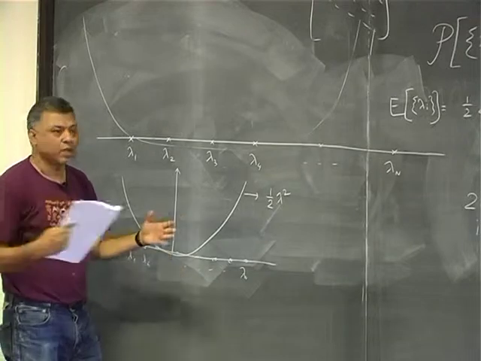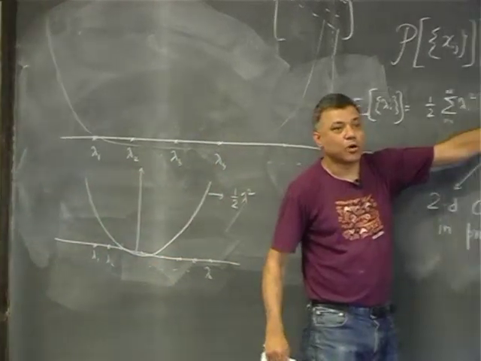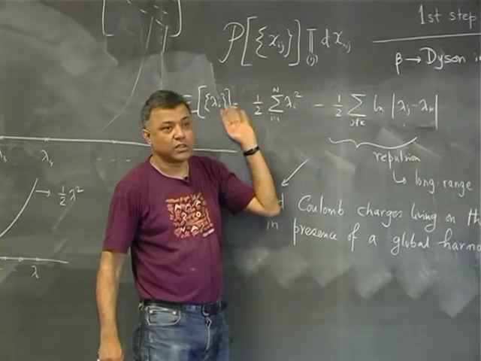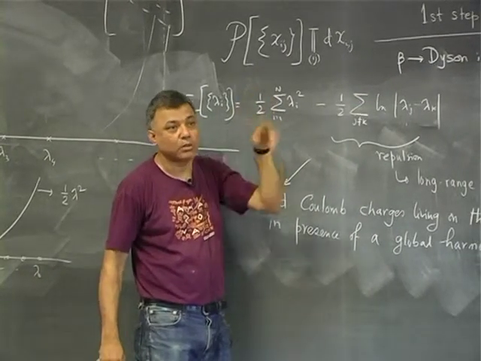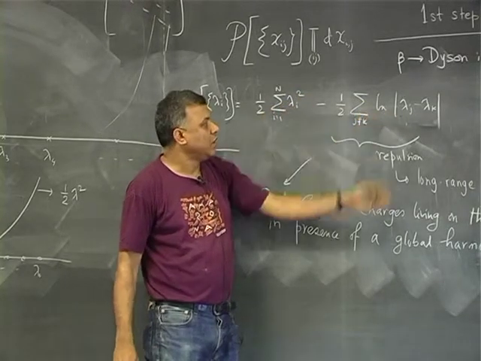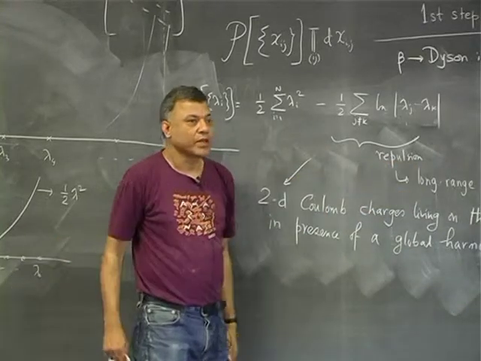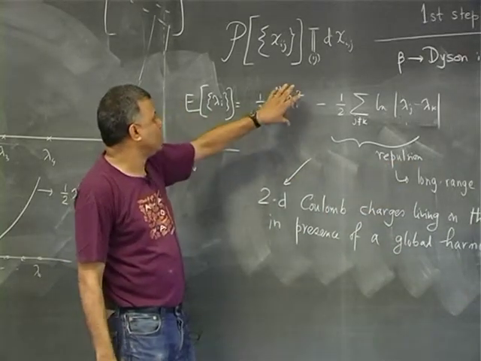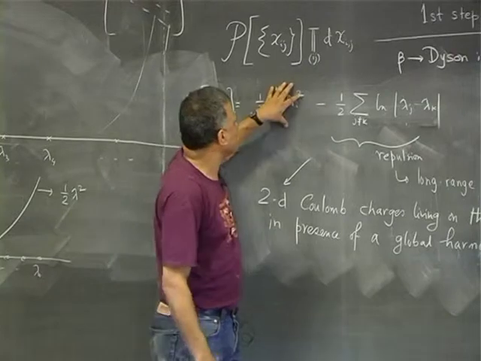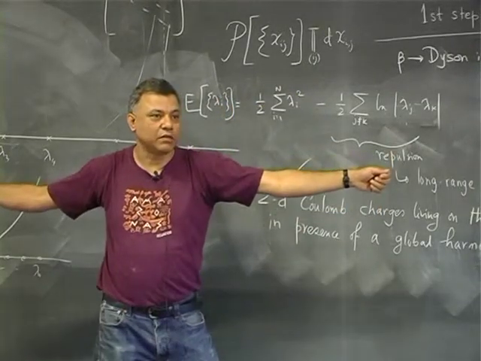You can imagine that if you did not have this term, the equilibrium configuration would be basically everybody at the origin, essentially a Gaussian function at the origin. Now, because of this, there will be spread. Alternatively, if you did not have this term, then because of the spread, they will be far apart from each other.